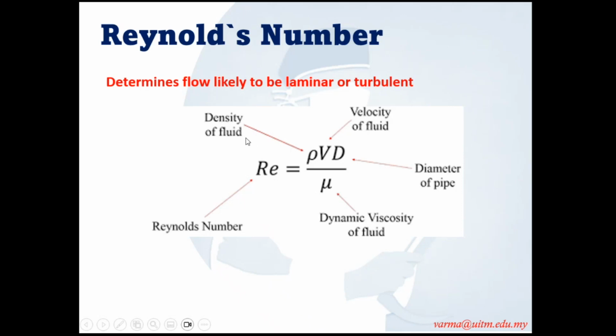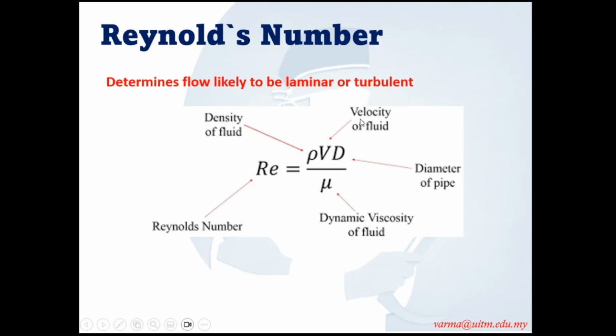It is equivalent to ρ in small, which is density, not pressure here. ρ is density, V is velocity, and D is diameter, divided by μ, which is viscosity. So this is the equation for Reynolds number: ρVD, density, velocity, and diameter, divided by viscosity.